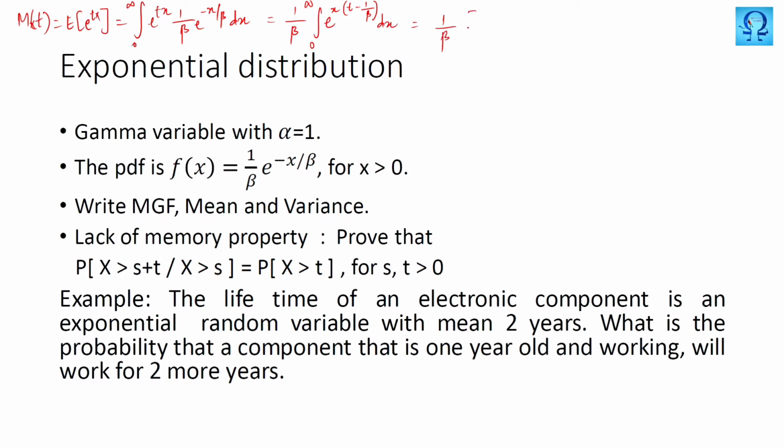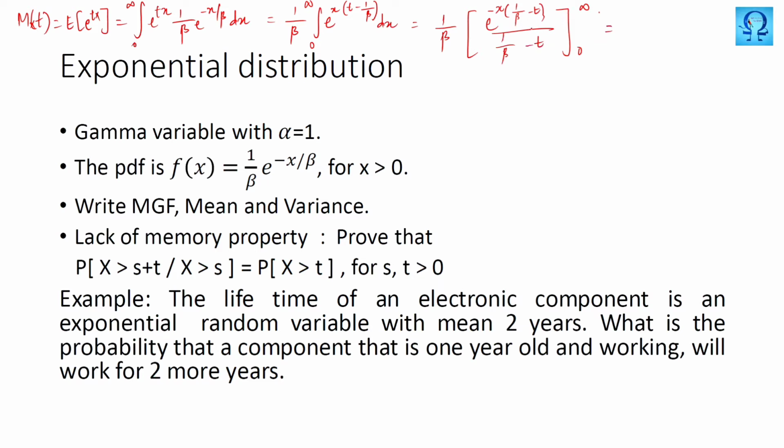1 upon beta, e to the power x times t minus 1 upon beta, divided by t minus 1 upon beta, over the limit 0 to infinity. And here, when we substitute x equals infinity, there is a chance that it goes to infinity. So what we do is we rewrite this as 1 upon beta minus t, so it is simply minus x times that.